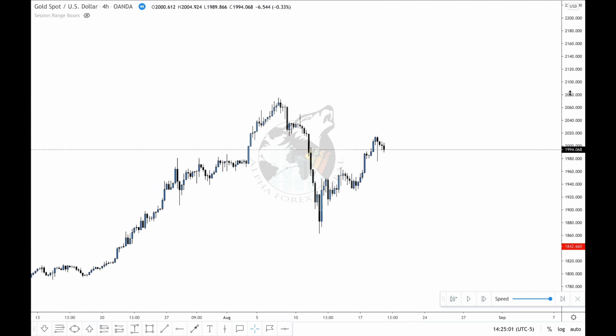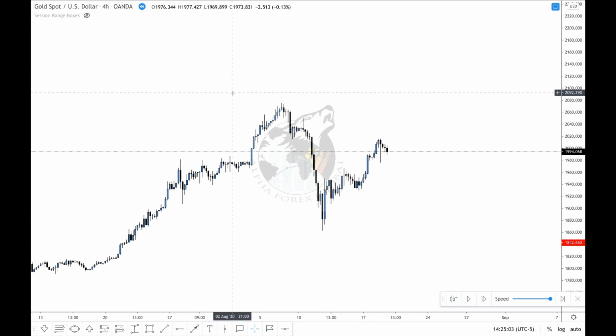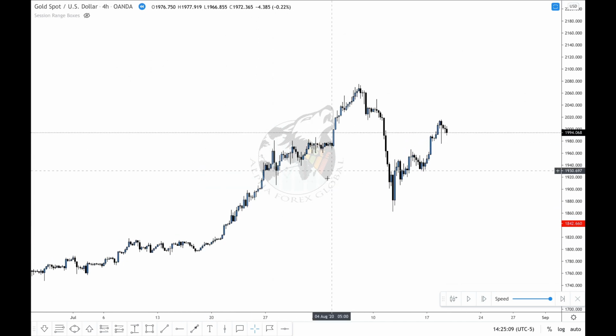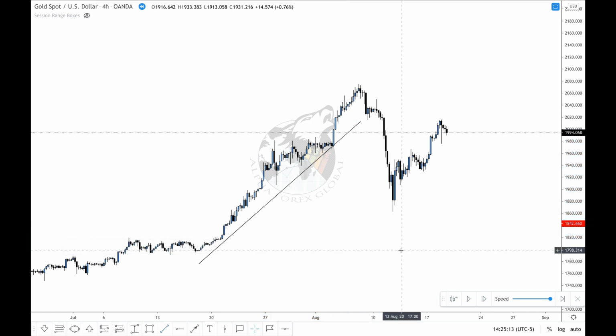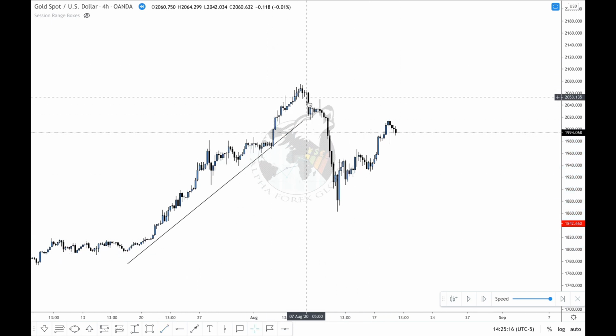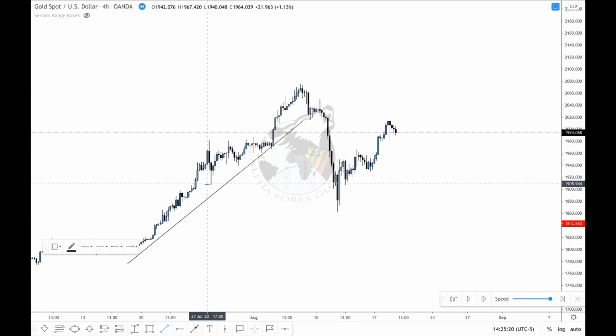So in this example, gold on the 4-hour time frame, we noticed that the market was in a heavy bullish momentum, right? And then the market pushed down aggressively again and broke structure, right?